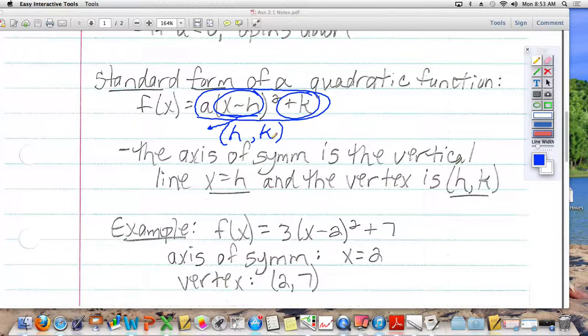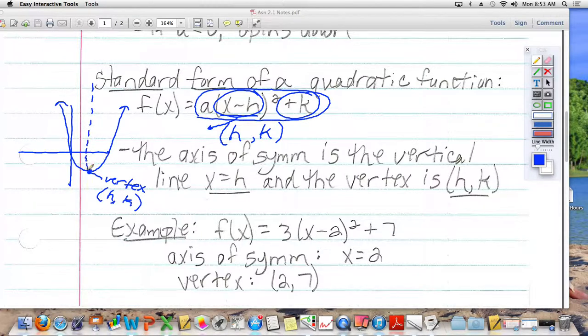It's h comma k. Now, if you graph a parabola, and let's say that parabola opens up like this, the point right down here at the bottom, that point is called the vertex. And that vertex, as we just said, comes from h comma k. Well, the axis of symmetry is the line that cuts that parabola right in half. And it's always going to go right through the vertex.